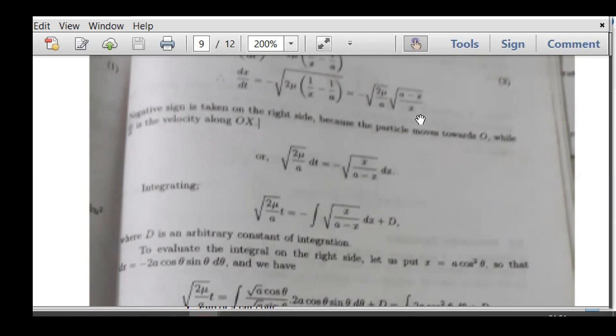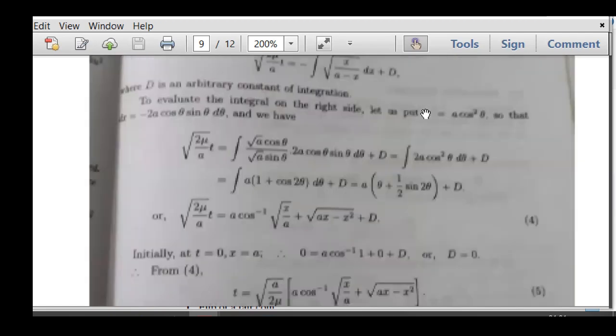Actually, it is not realistically possible, because whenever this law of force is acting, some resistive force will also be acting on it, which will decrease the magnitude of the force, as a result of which the velocity will not actually be infinite. But whatever, leave it behind. According to the calculation, at x equals 0, that is at the center of force, your velocity is going to be infinite.